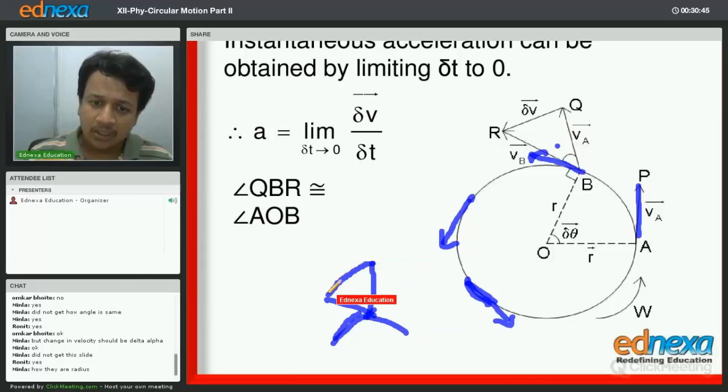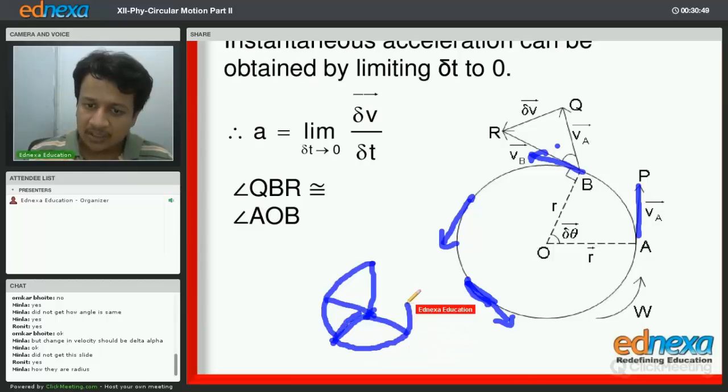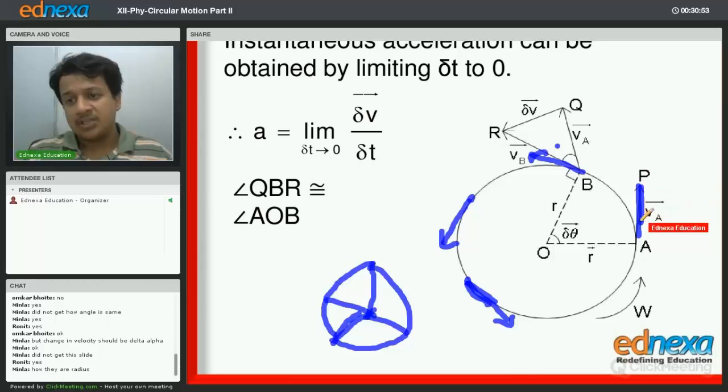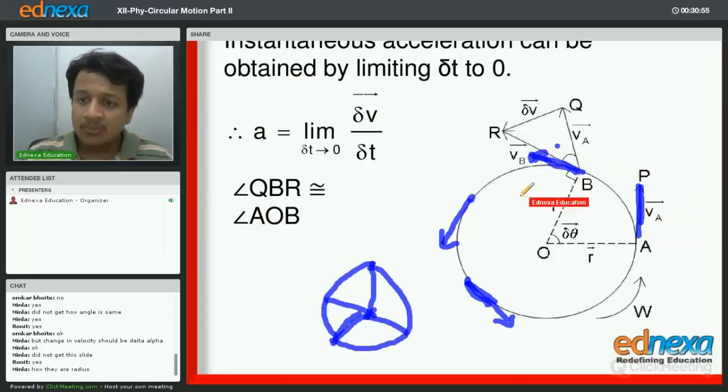And if you join all these points, then obviously all these velocities are going to become radius. Is it right?